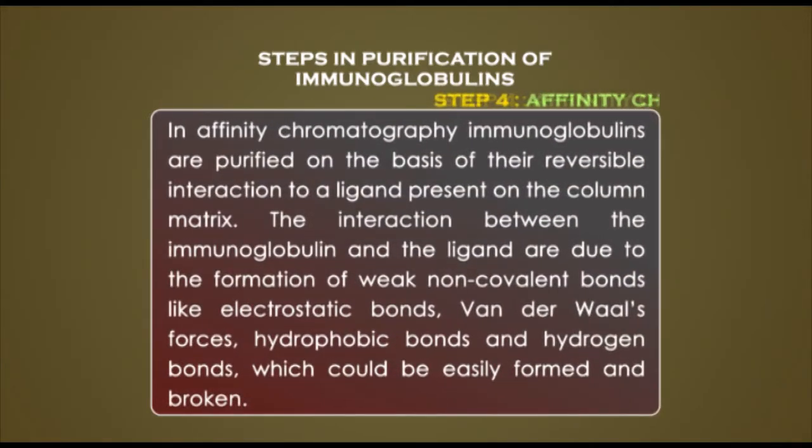Step 4. Affinity chromatography. In affinity chromatography, immunoglobulins are purified on the basis of their reversible interaction to a ligand present on the column matrix. The interaction between the immunoglobulin and the ligand is due to the formation of weak non-covalent bonds like electrostatic bonds, van der Waals forces, hydrophobic bonds, and hydrogen bonds, which could be easily formed and broken.